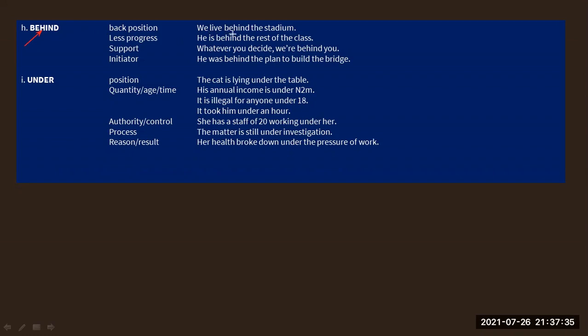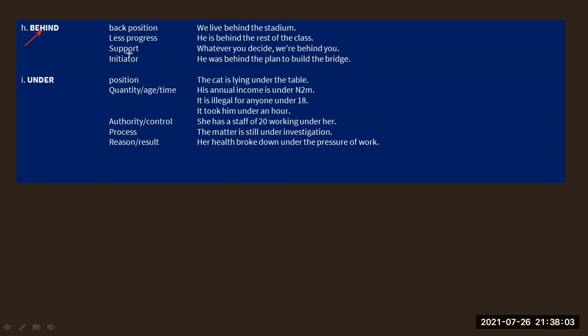For example, we live behind the stadium. That is at the back of the stadium. Now, let's progress. He is behind the rest of the class. He is making less progress than the rest of the class.